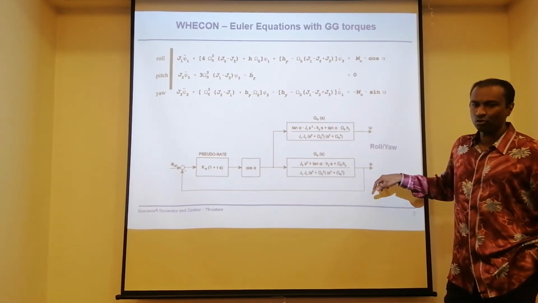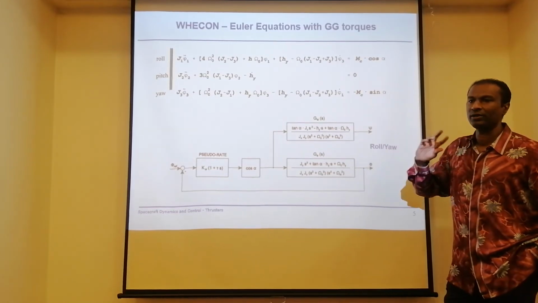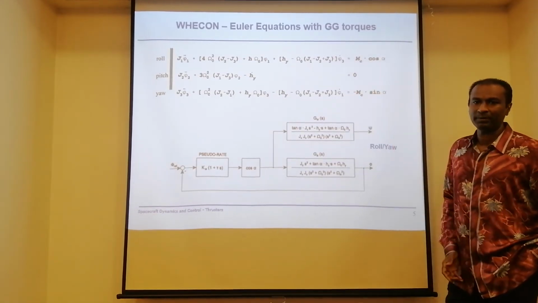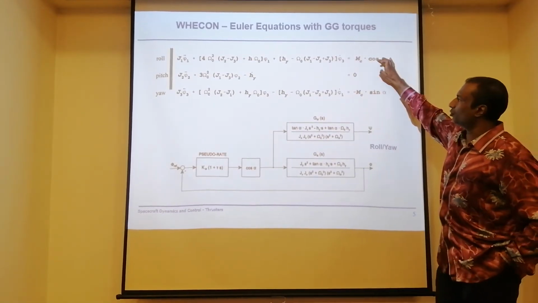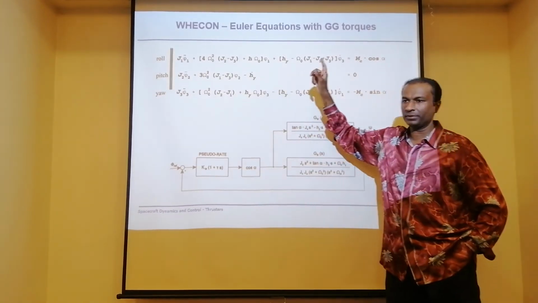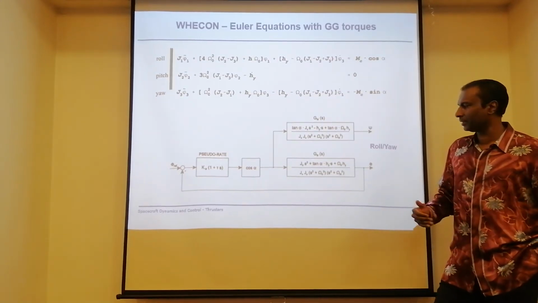That means I measure roll and I can indirectly control my yaw, because roll and yaw are coupled. But I always have to measure the pitch, because pitch is decoupled. Roll-yaw coupling exists, pitch is decoupled, just like what we have been always doing.